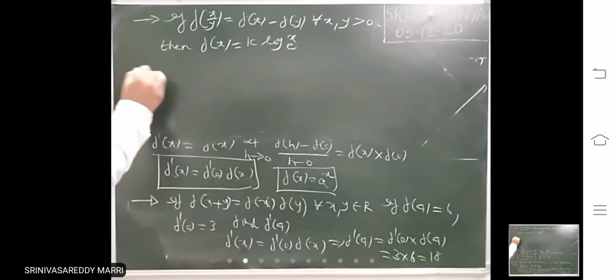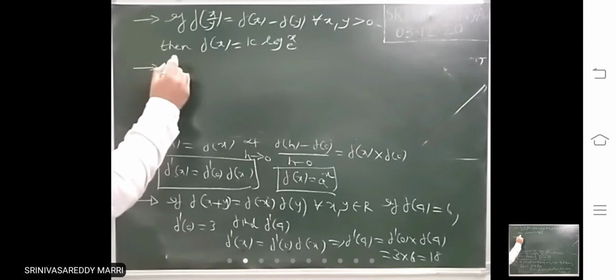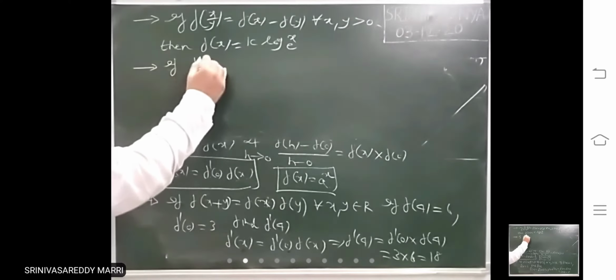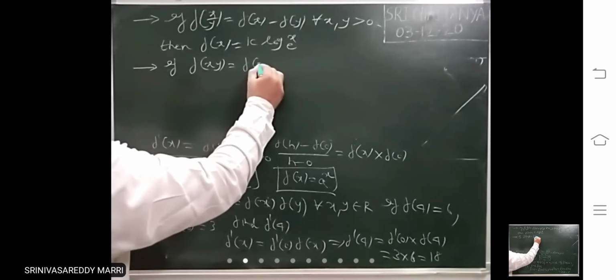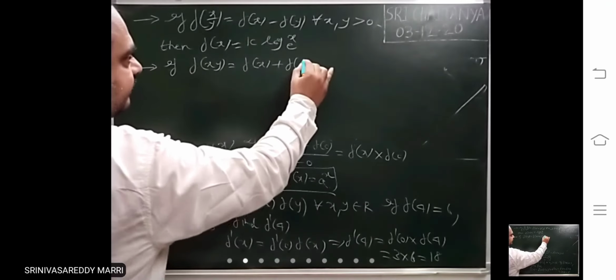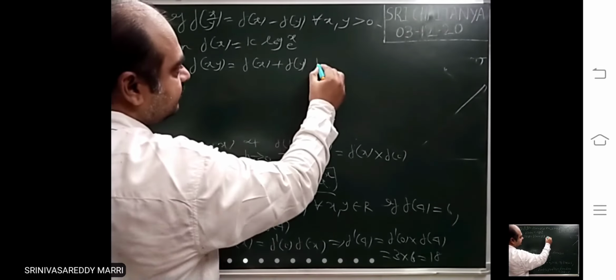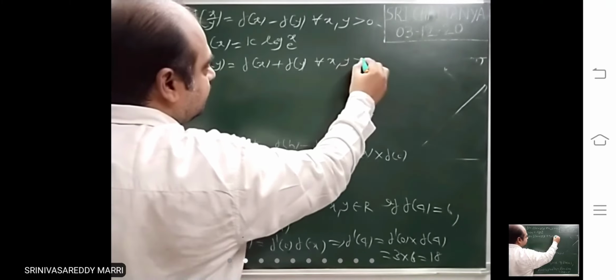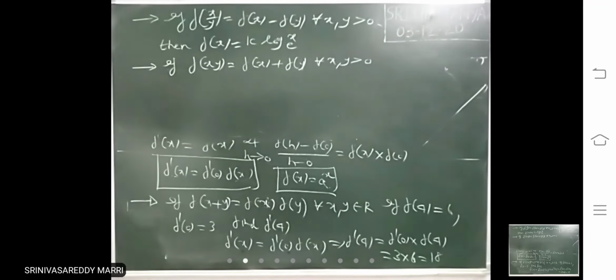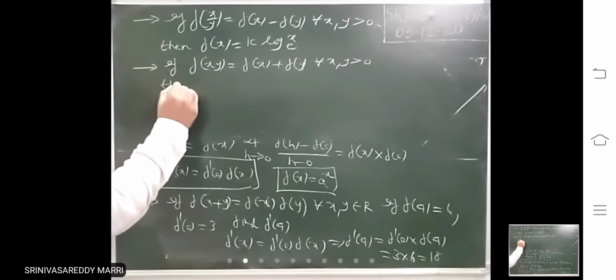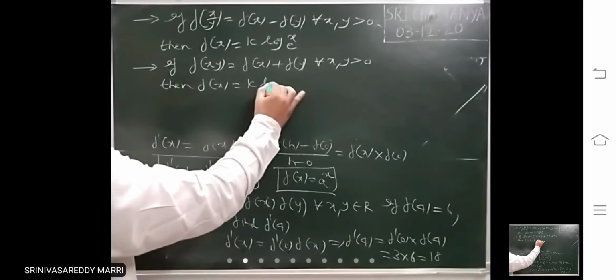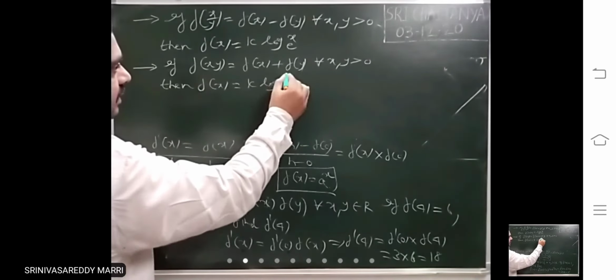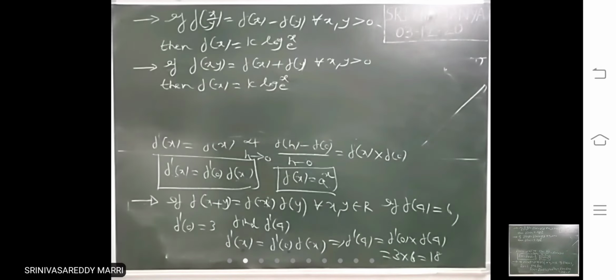Or if it is given like this, f of x into y equals f of x plus f of y for all x, y greater than 0, then the same formula, k log x to the base c. Okay, remember these two formulae.